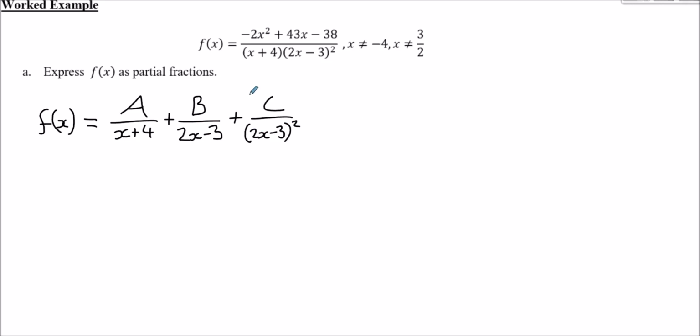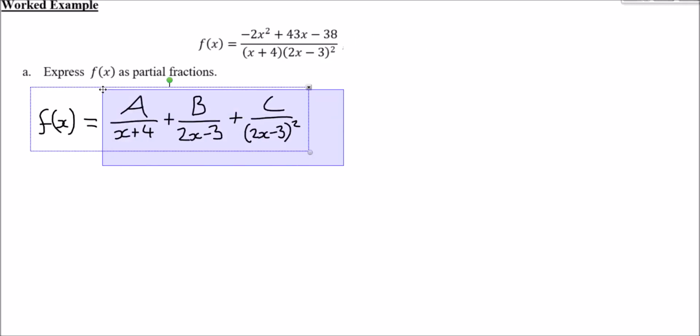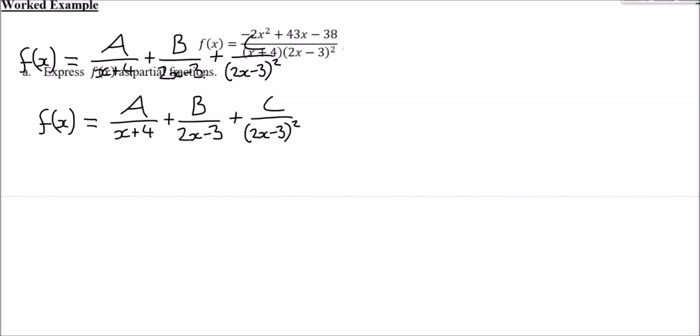So now what we do is we multiply all of this by the denominator. So if I just were to rewrite this here, just for a second, and copy and paste what I just have here, you'll see what I'm hopefully getting at.